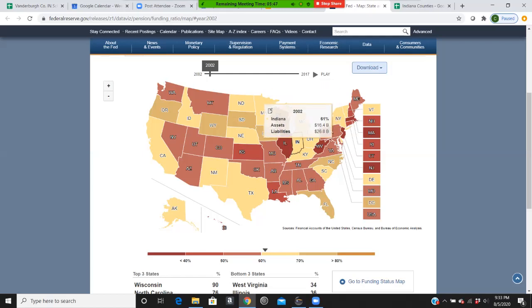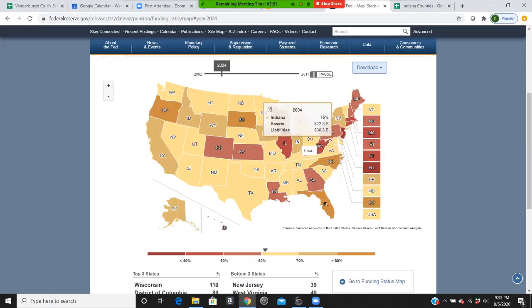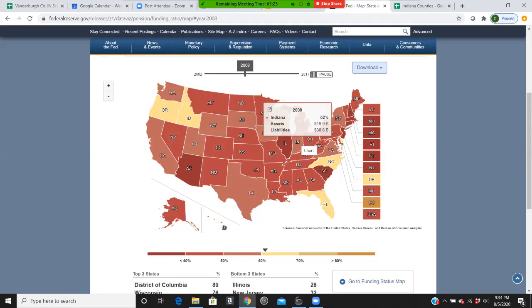So beginning in 2002, it looks pretty good. Well, 61%. I guess you could say that's not very good either. Anyways, let's see how it changes over the years. Looking good up to 2005, 2006, headed in the right direction.